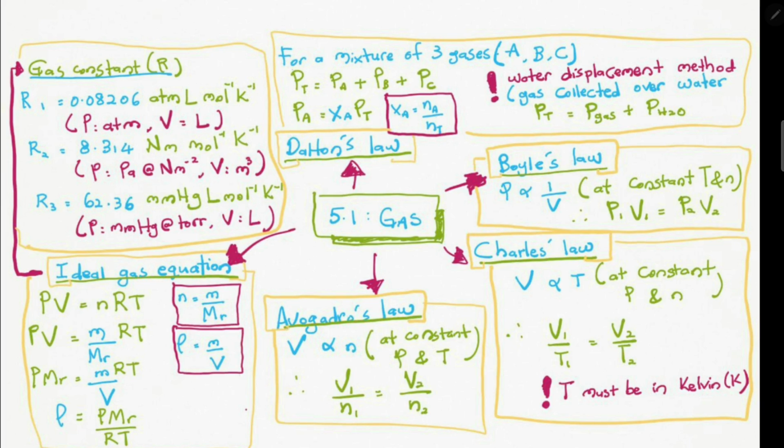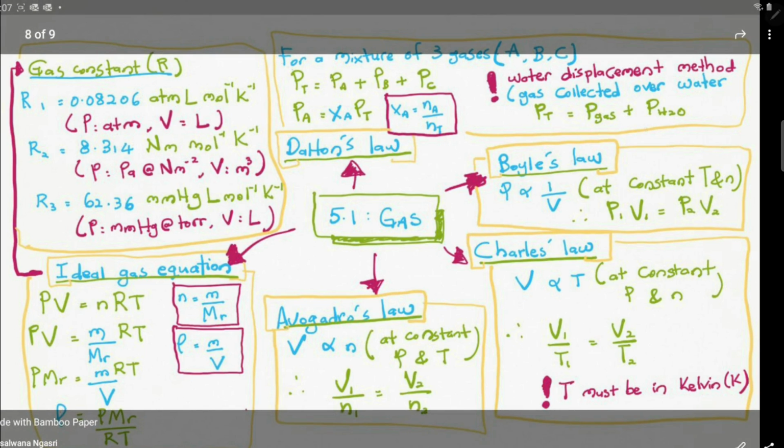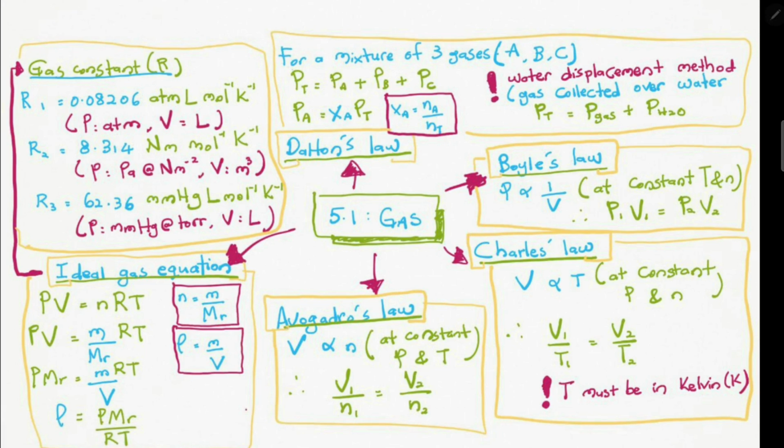If the question mentions a water displacement method, you need to remember that the gas is collected over water. So if we use the water displacement method, the gas collected is actually a mixture of gas and water vapor.